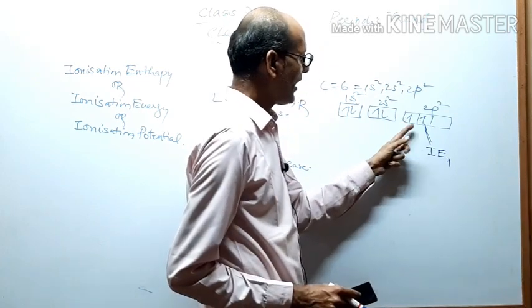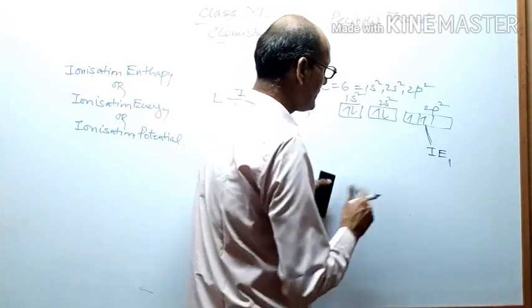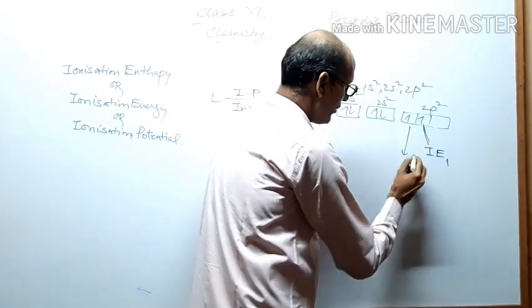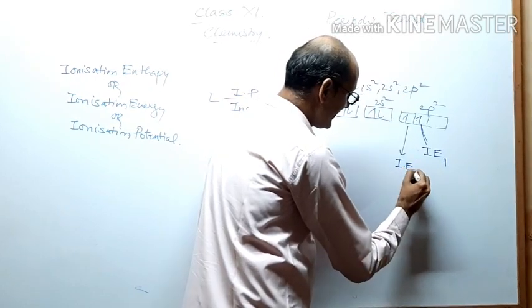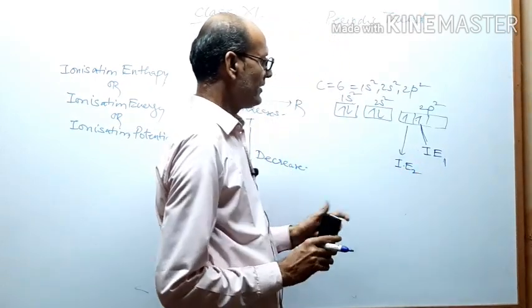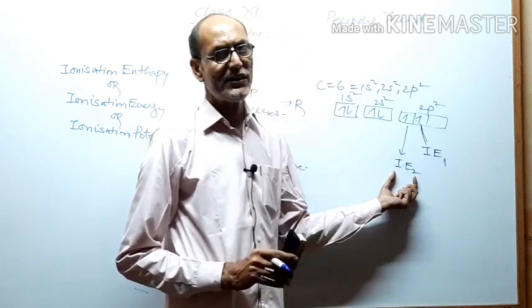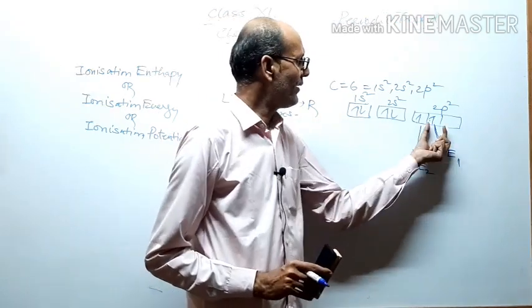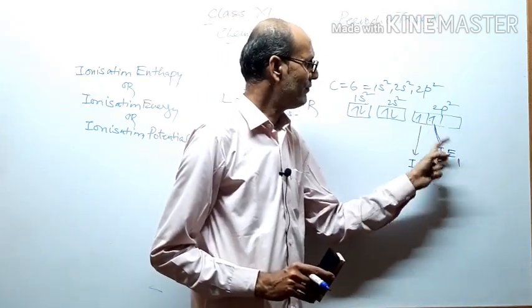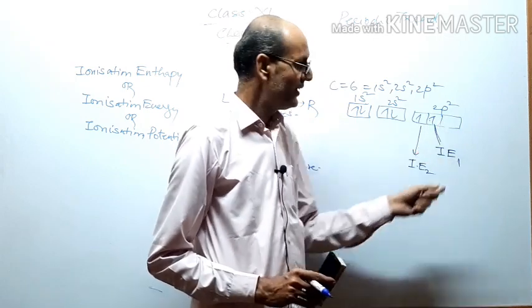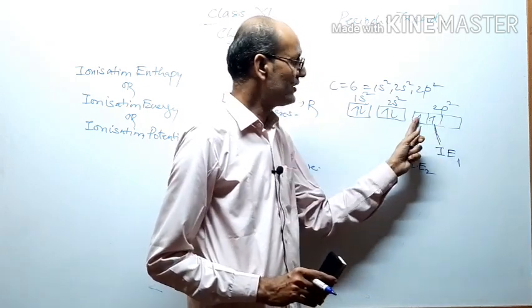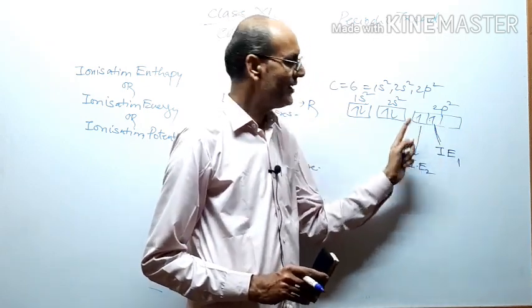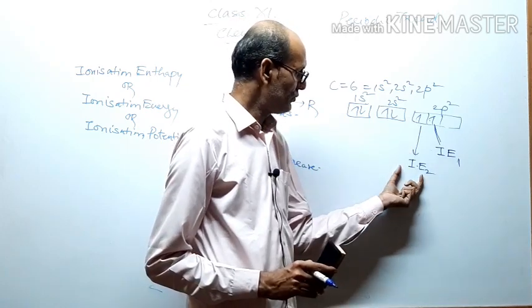Second electron, after removing this, it is called IE2, that means the energy required for the second electron will be indicated by IE2. First you provide the energy IE1, 1 electron will be removed, then you again provide the energy to remove the second electron, that will be called IE2.